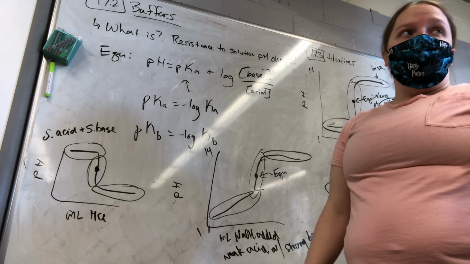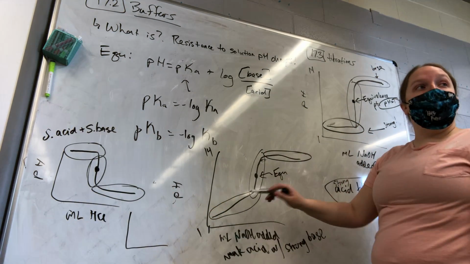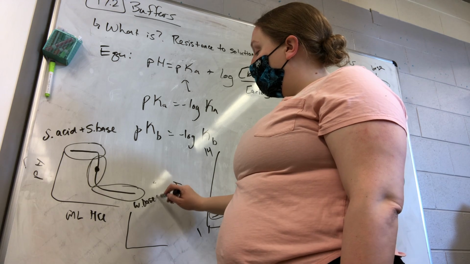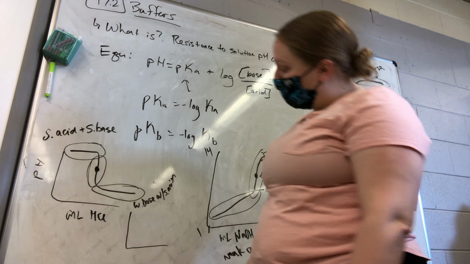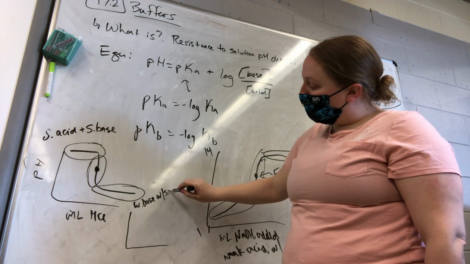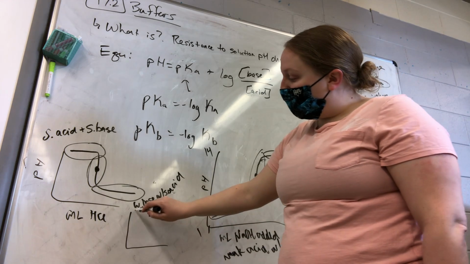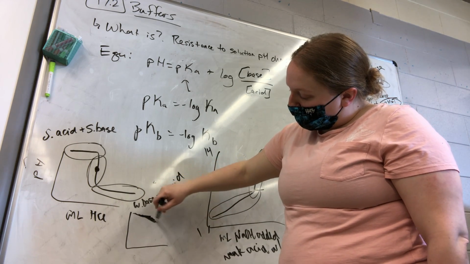If we did the weak version, what would it look like? Like this, but inverted. So if we did a weak base with a strong acid, we would have a less straight curve.